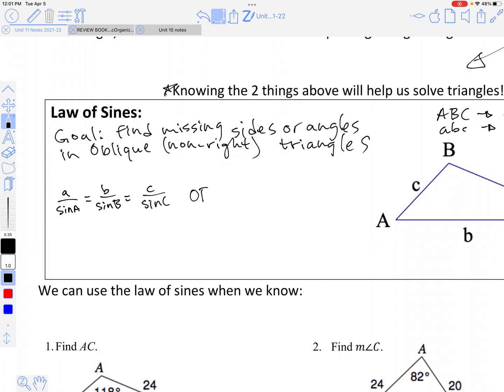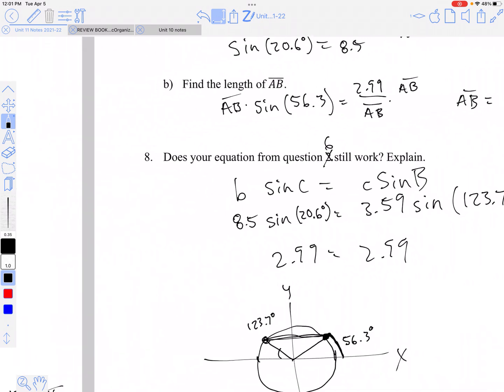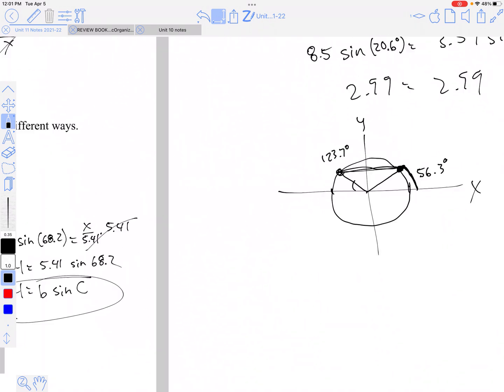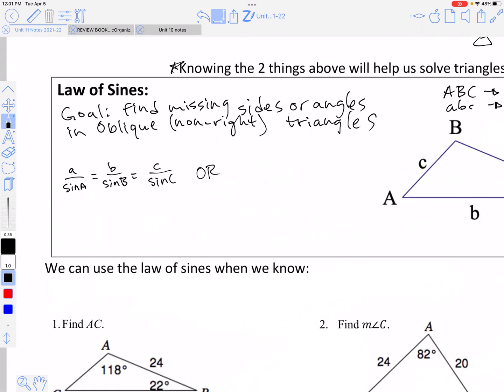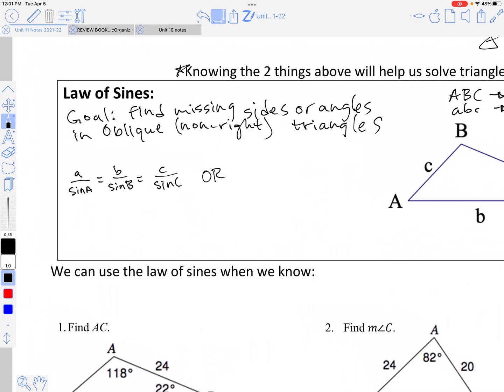You can use any combination. If you just want to do a over sine a equals c over sine c, that's fine. All I did was sine b over b equals sine c over c. You don't have to use all three. Or you can flip them: sine a over a equals sine b over b equals sine c over c.